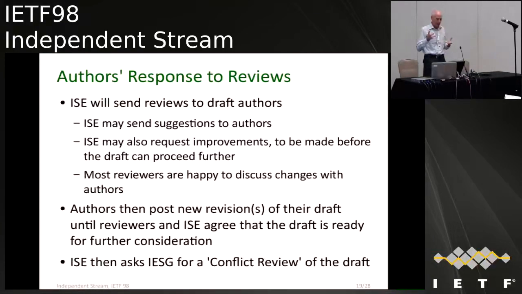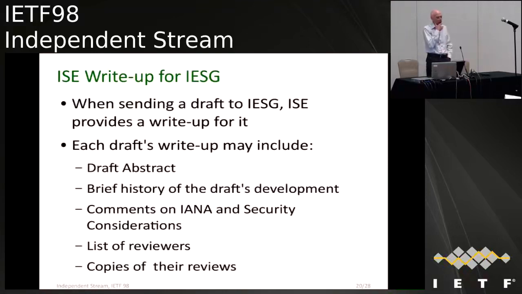When the authors have made the changes and the reviewers and the ISE are happy that the document is ready to go further, then the last hurdle to jump is that the ISE asks the IESG for their conflict review, 5742.